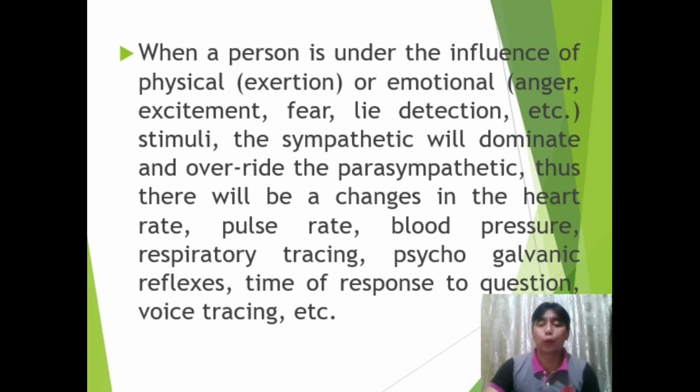So this is what I was already mentioning a while ago, that when the sympathetic notices danger outside, it becomes very active, and then the parasympathetic will be dominated, will be overridden, meaning it seems paralyzed when there is danger, and so there will be increase in many vital parts' activity of the body.